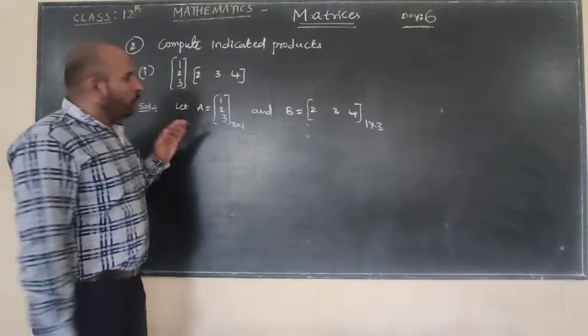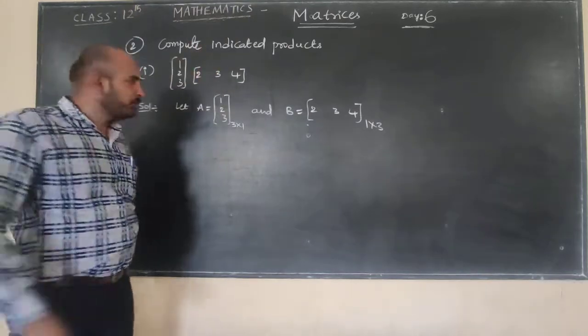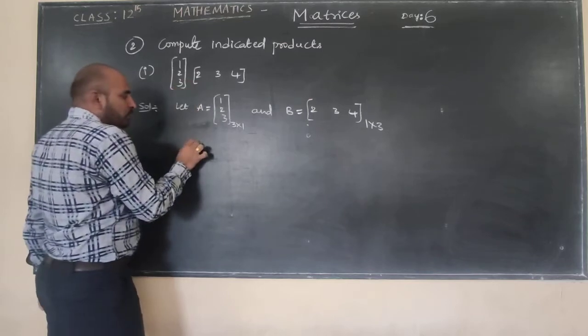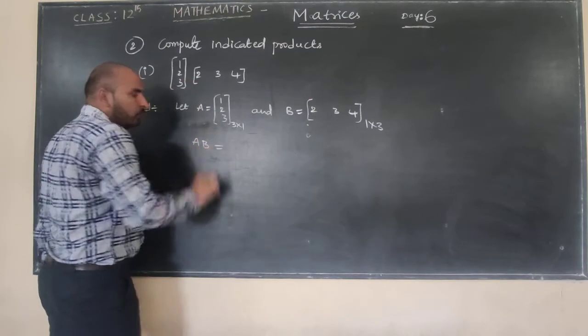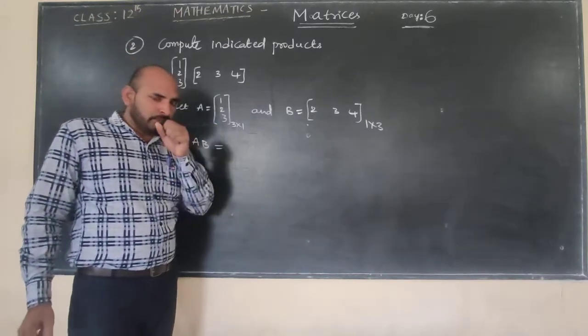So now, what is the question here? Compute the indicated products. What is the value of product of two matrices? So AB equal to, let us think, here product exists or not?